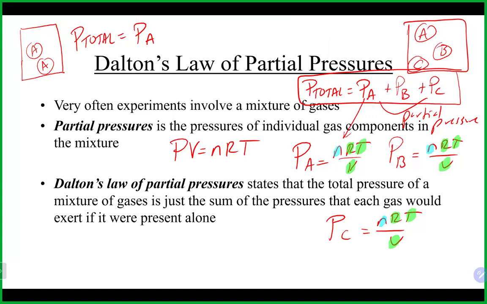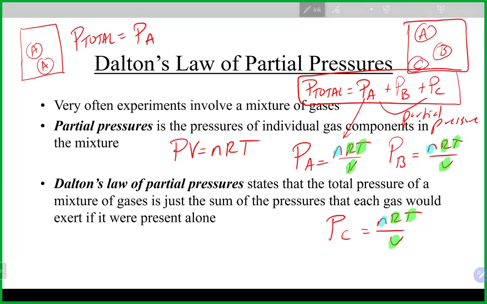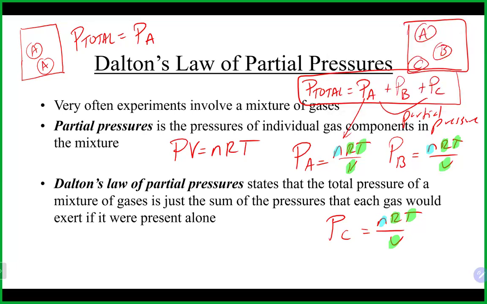So if you just calculate the moles of each of those gases, you can then go with the ideal gas law 3 times. That will give you the partial pressures of each of them. Add them together, and that will give you the total pressure of the mixture of gases.